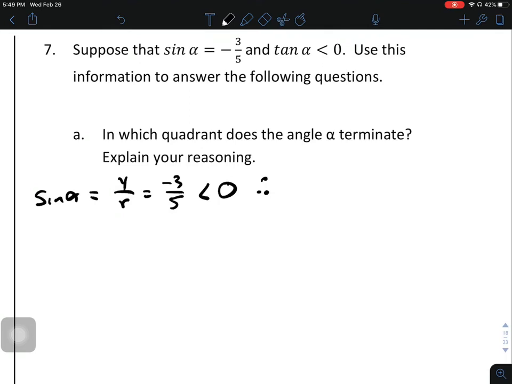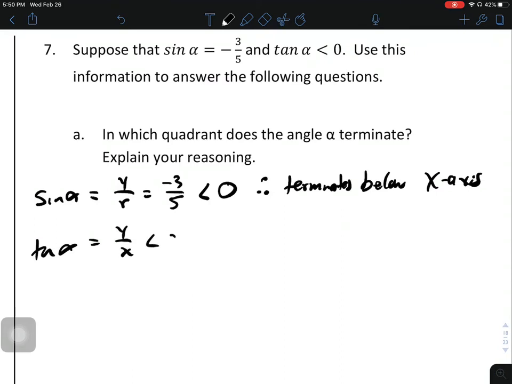This tells us that theta terminates below the x-axis. Tangent of alpha is y over x, and that is less than 0.